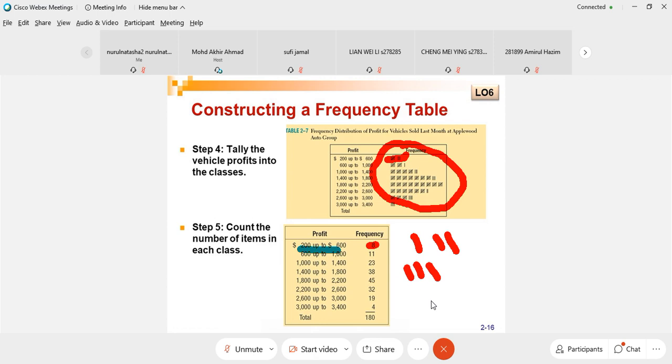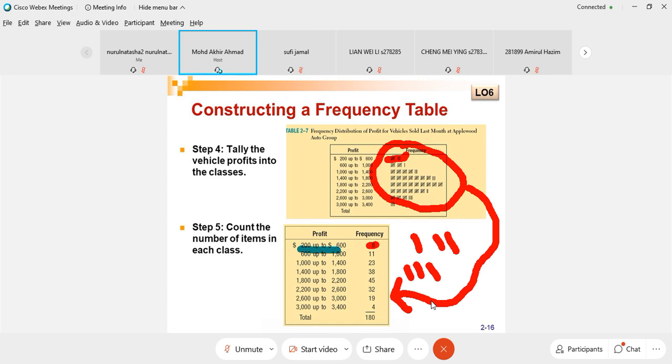So last kali kita akan convert daripada nilai ni kepada nilai ni. So kita akan convert tally kepada the numbers of figures. This number of figures is similar to this one. The total is 180.